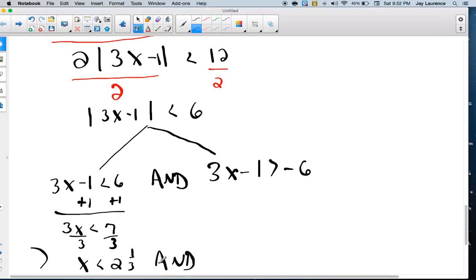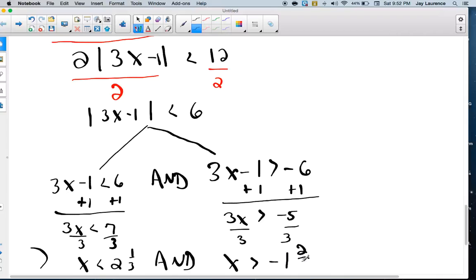I'd rather the reader see 2 1/3. Okay, over here I'm going to add 1, and I'm going to get 3x is greater than -5, and divide by 3, and x is going to be greater than -1 2/3. There we go. There's my solution.